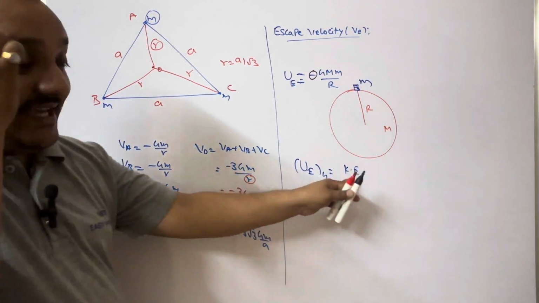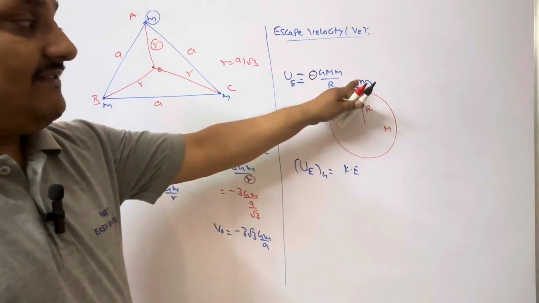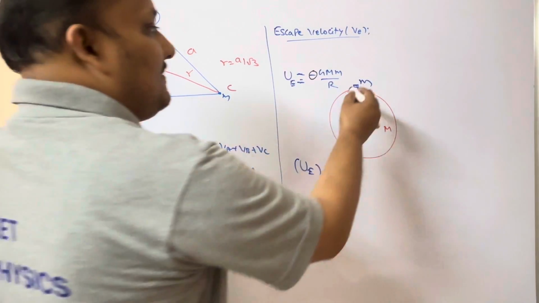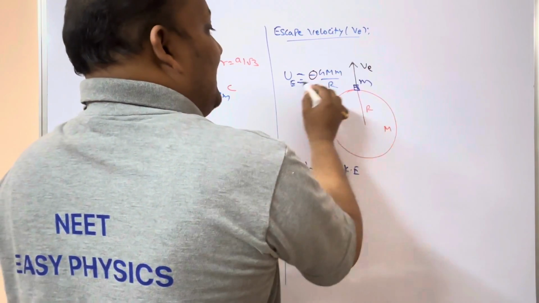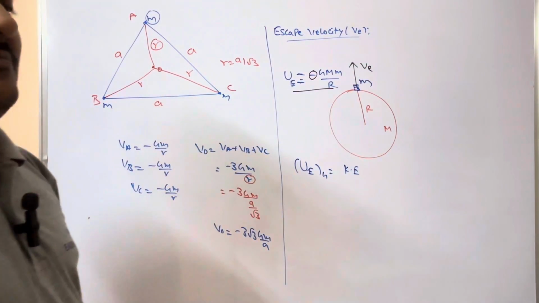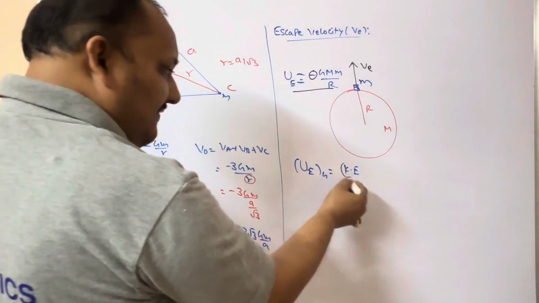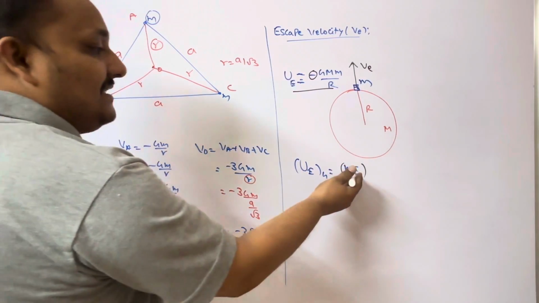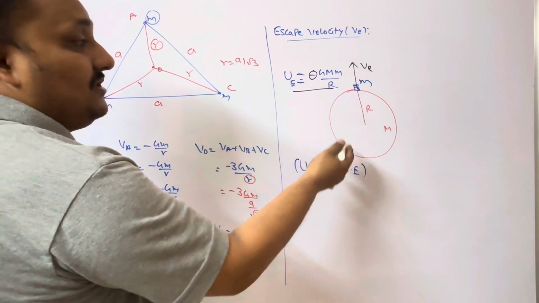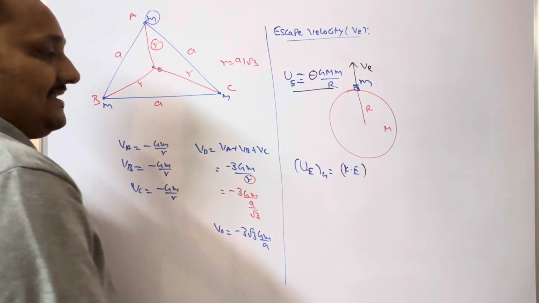That is only kinetic energy. So we are giving velocity to the object to escape from this gravitational influence, which means we are giving kinetic energy. This kinetic energy should be equal and opposite. Then only it is going to escape.